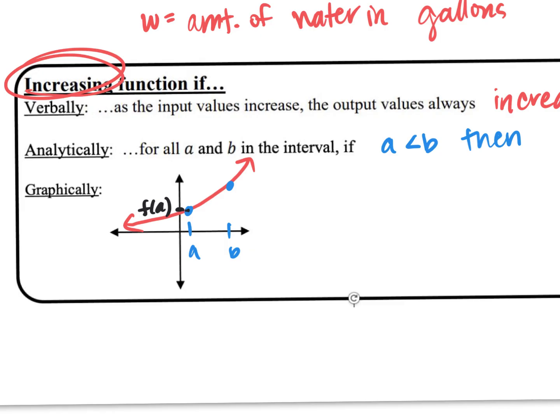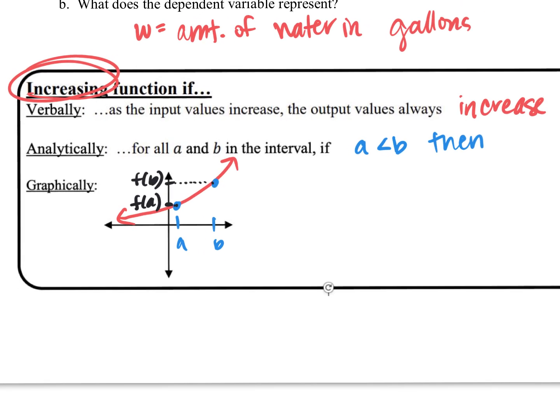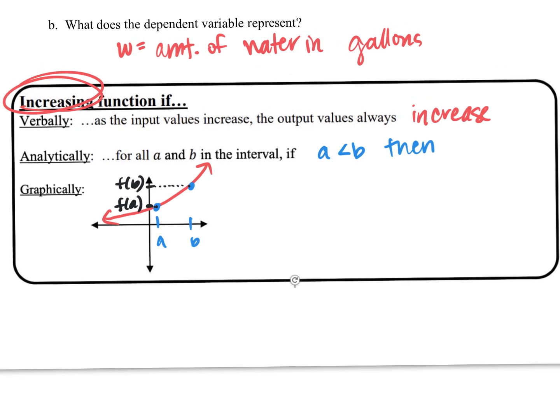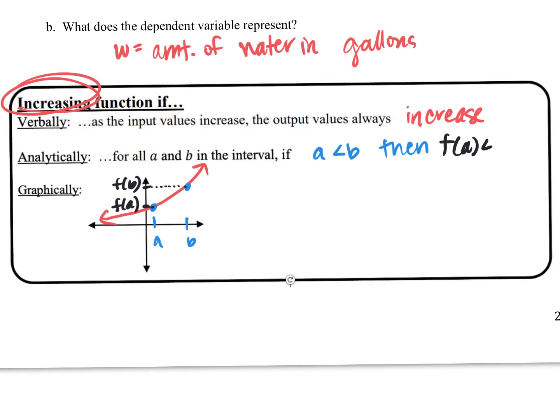And if that's b, this y value here is considered f of b. And for this function to be increasing, guys, what do you think is going to be the relationship between f of a and f of b? Which one's got to be bigger? F of b, I love it. So I'm going to say f of a has to be smaller than f of b, but if I read that backwards, Axel, just like you said it, f of b is greater than f of a. That's the very formal way to say that the function is increasing.